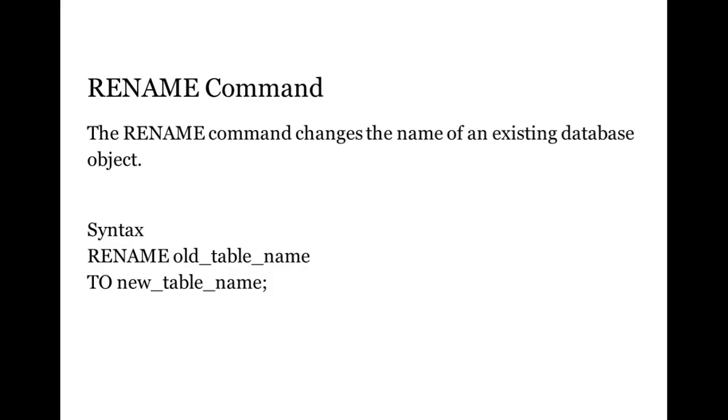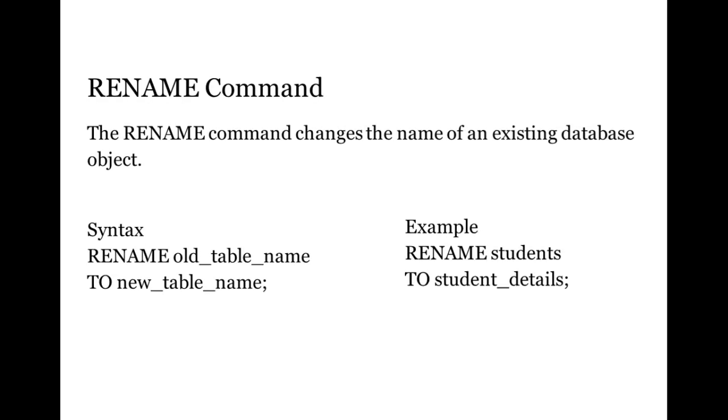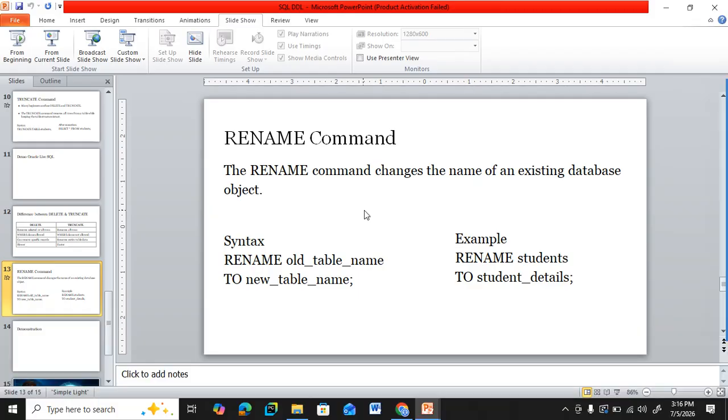So it will replace the name of the previous table with the new table name. This is the example. We already have one table, students, in our database, and we'll use this command: students to student underscore details will rename our table, and we'll go to Oracle Live SQL for the demonstration.